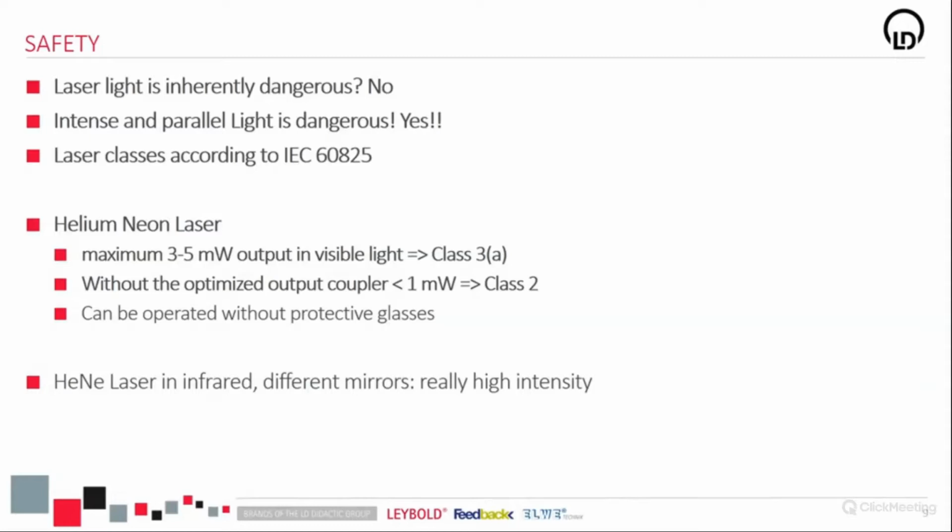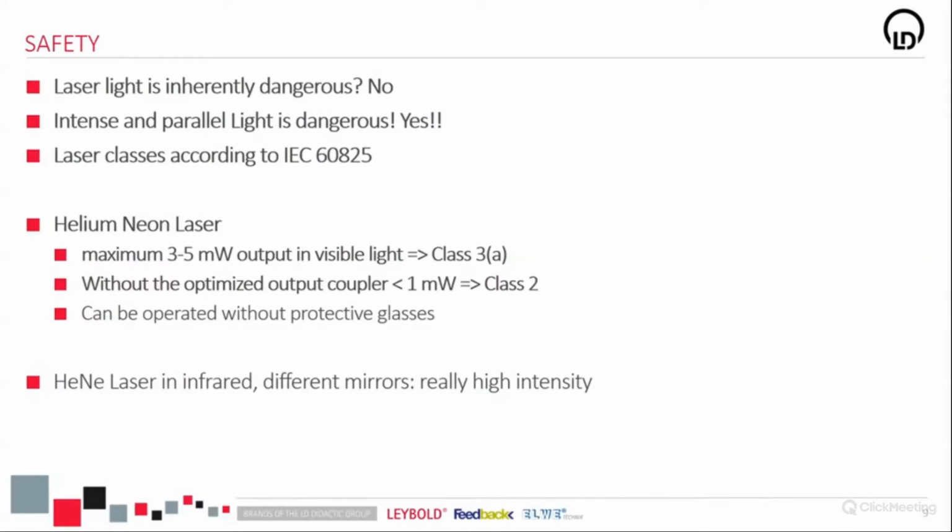When you're not using this output coupler, there is no way to go beyond class 2. So if you just don't order it or just keep it locked, the students have no chance at all to get beyond class 2. And that's quite nice. They can work with a laser without legally having to think about eye safety.